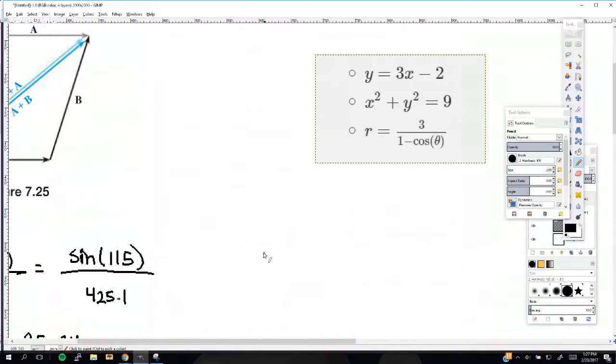Okay, so we know that y is equal to cosine, right? No, sine. Yeah, it's equal to r sine theta. I'm going to write this down really quick. Hold on one second. Okay.